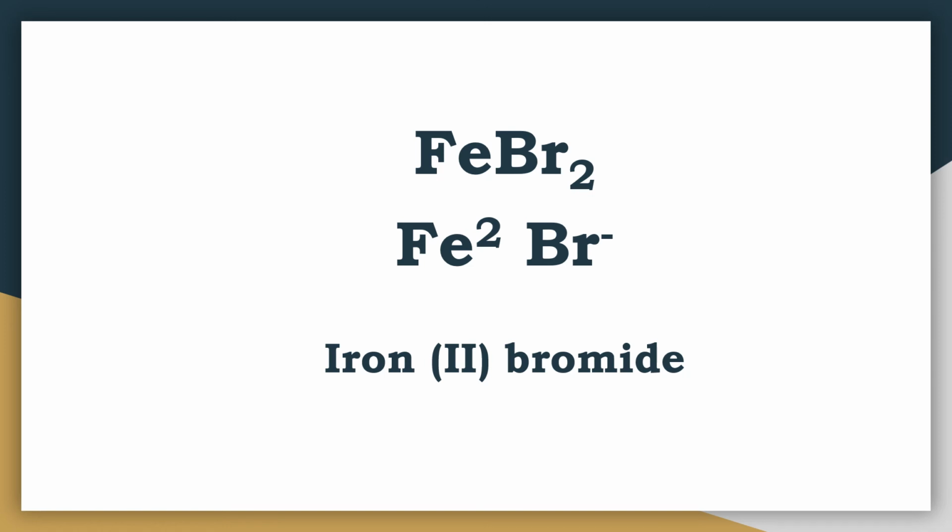So let's try another example. We have Cu3(PO4)2, in which the Cu is known as copper, and it is a type of transition metal, so we have to have a Roman numeral.